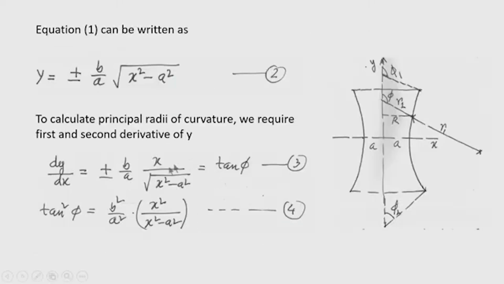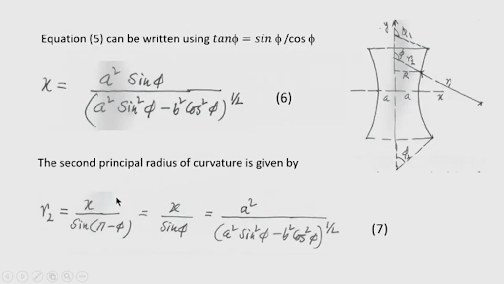Once tan phi is known, you can obtain sine phi also. So, substituting the value of sine phi, we get R 2 as a square divided by root over a square sin square phi minus b square cos square phi, or directly you put x as this quantity from equation number 6. If you put x from equation 6, you will also arrive at this quantity.